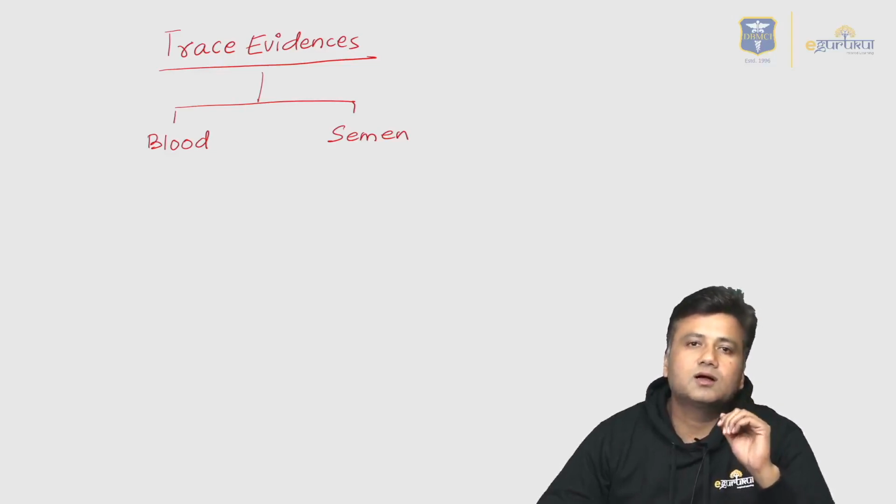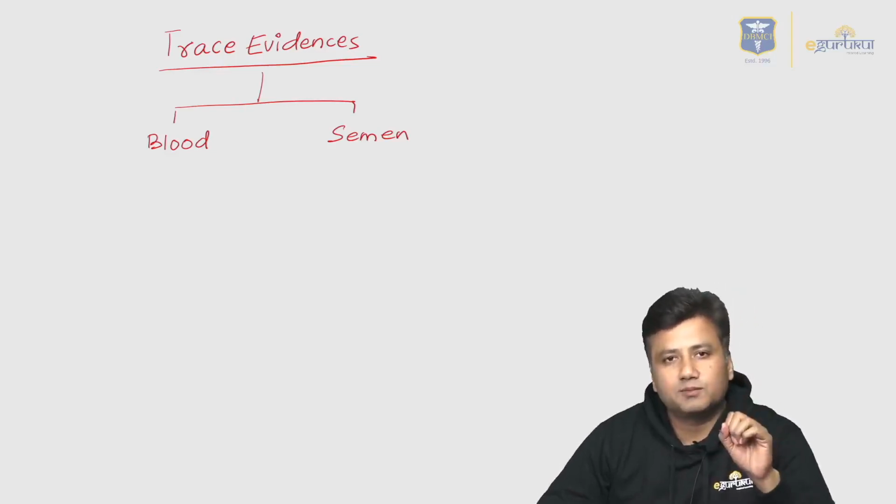Among those tests, there are four very important microscopic identification tests, two for blood and two for semen. The question is based upon that microscopic appearance.